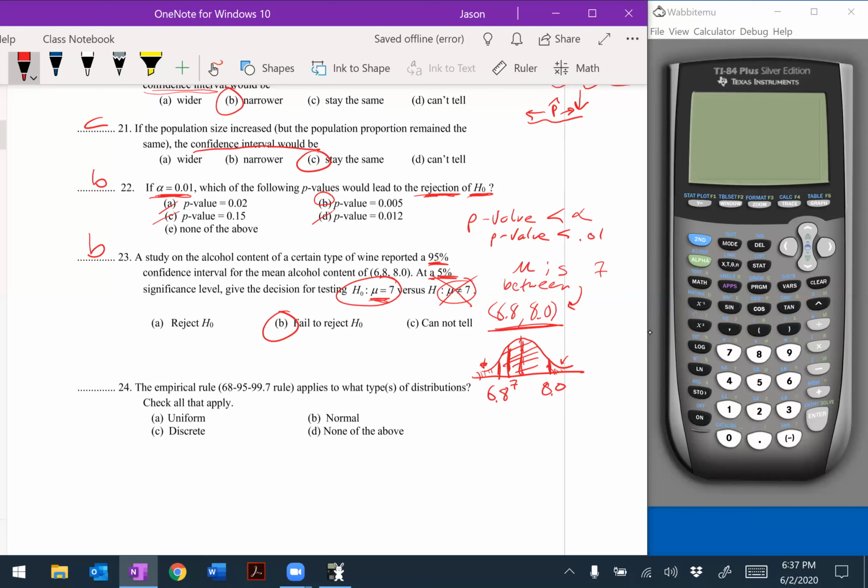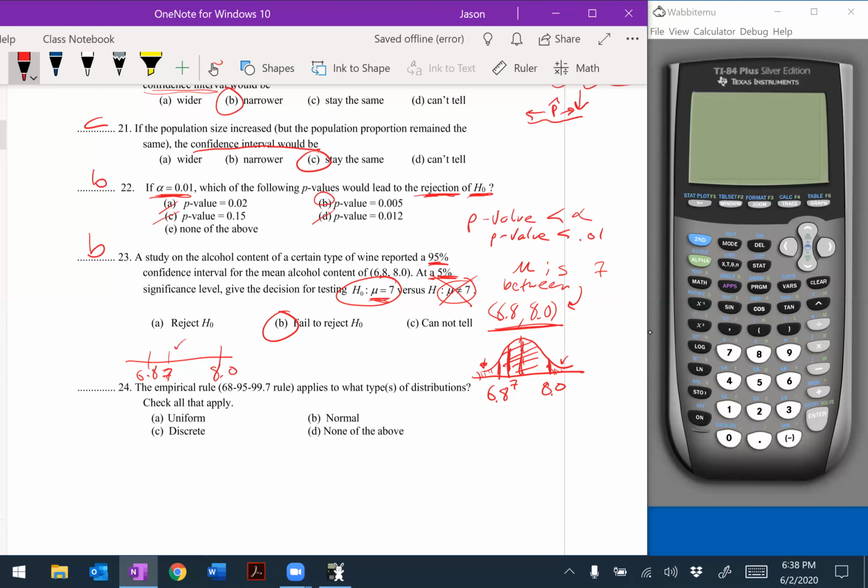If you look on a number line, 6.8 and 8.0, and 7, what we're asking is: is the claim bogus or not? Could the claim that the average is equal to 7 be true? And I'm saying, yes, it can be true because it falls within my confidence interval. So we would not reject the claim.